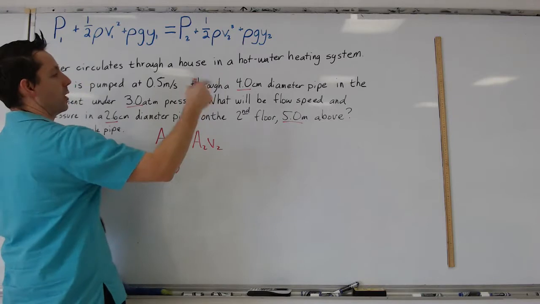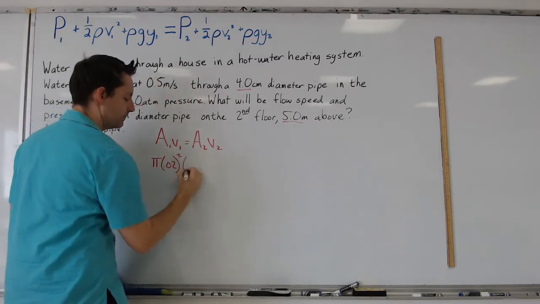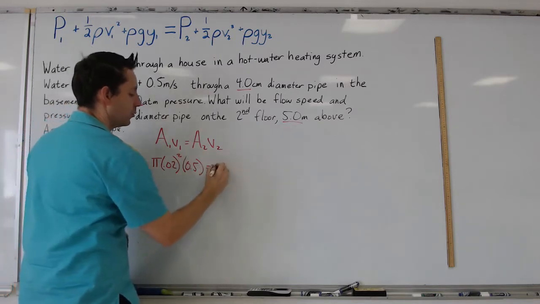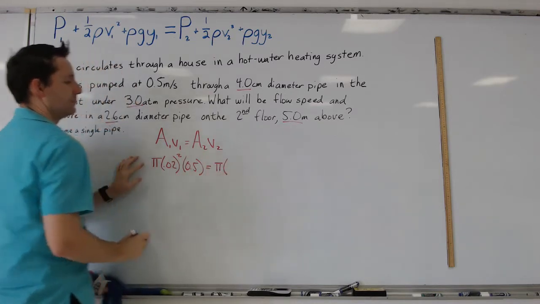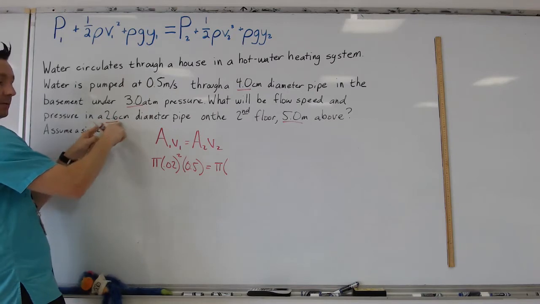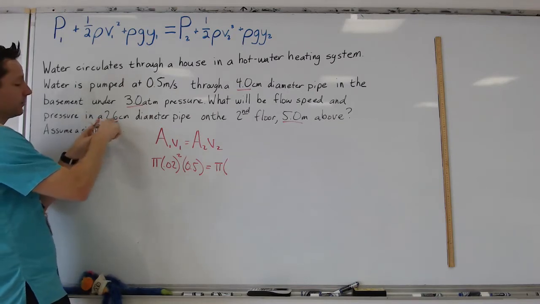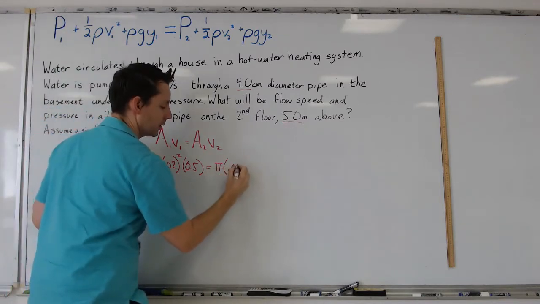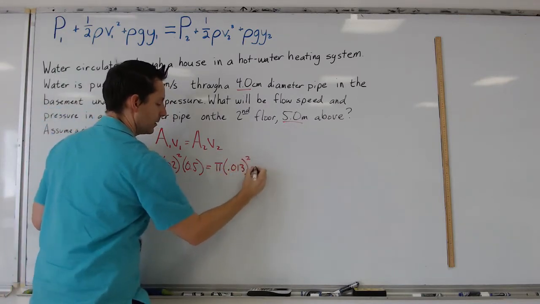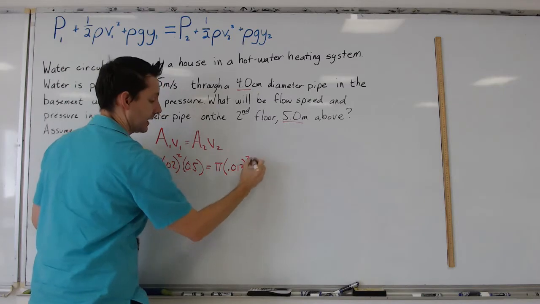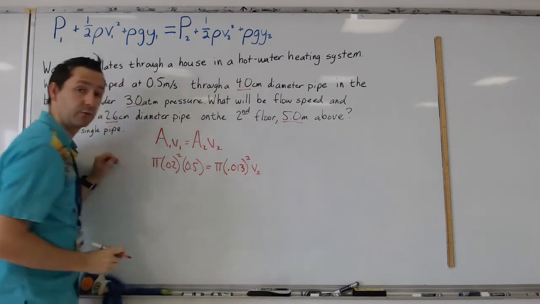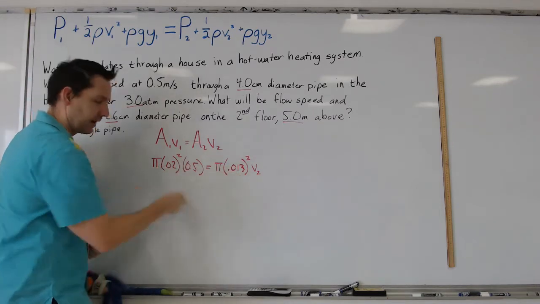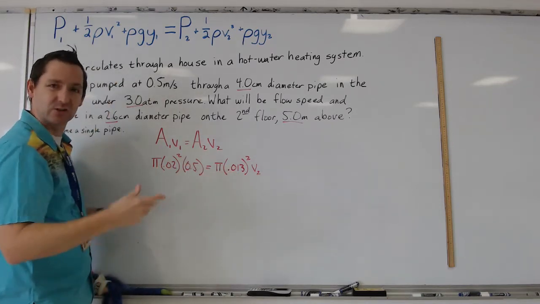Velocity 1, which was that 0.5, equals area 2, which will be pi times the radius, from the 2.6 diameter, so 0.013, squared, and then times my new velocity, which is what we're solving for. At that point, you should be able to punch this into your calculator, divide by these numbers, and get the answer. So here we go.